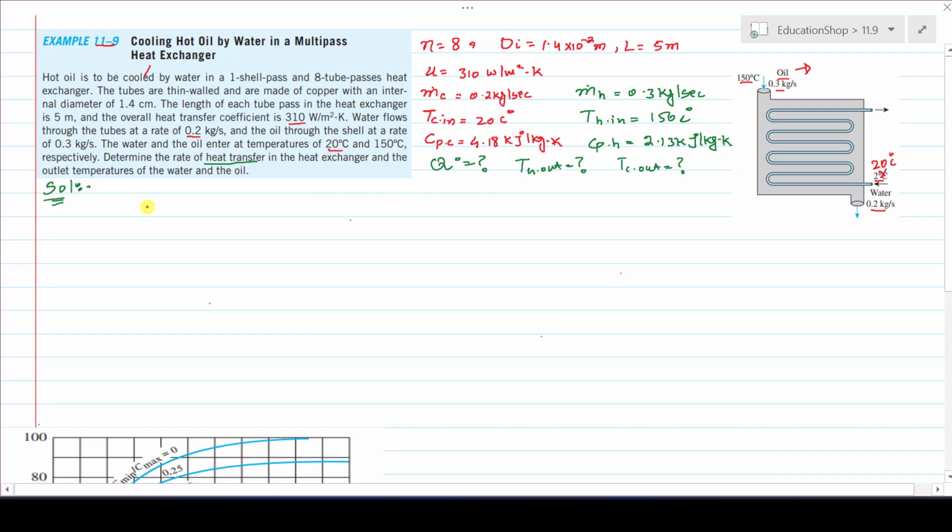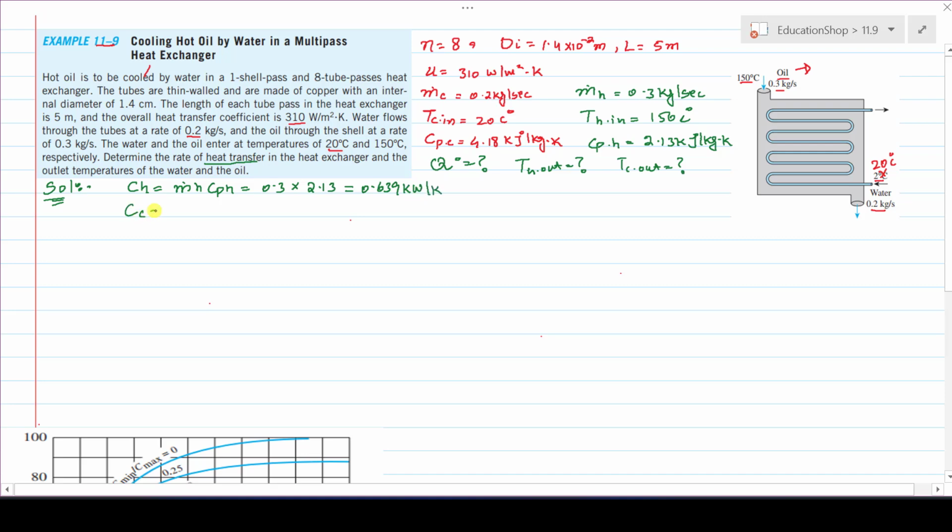First we will find the heat capacity rate of both the hot fluid and the cool fluid. C_h equals m dot h times Cp_h. m dot h is 0.3 and Cp_h is 2.13. Multiply them and you will get the capacity rate of the hot fluid, that is 0.639 kilowatt per Kelvin.